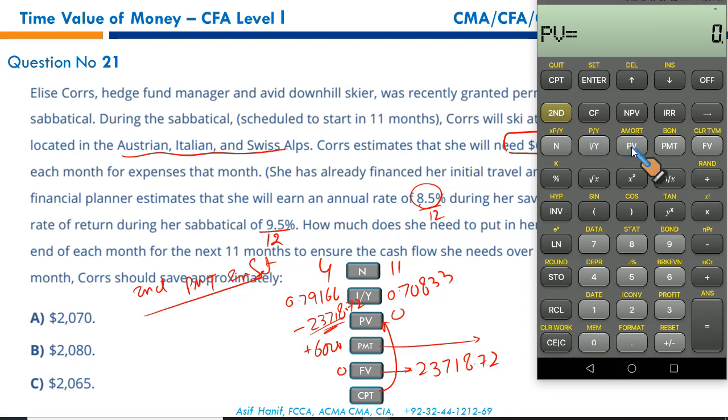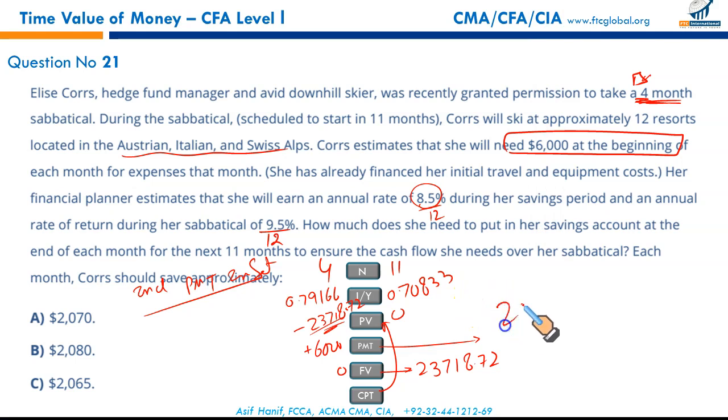Future value that she needs in the account in order to receive $6,000 every month at the start of each month, 23718.72. This is what she needs in the future in that account. So this basically represents your future value. What she must pay every month is 2080.95. This should be her payment every month, 2080.